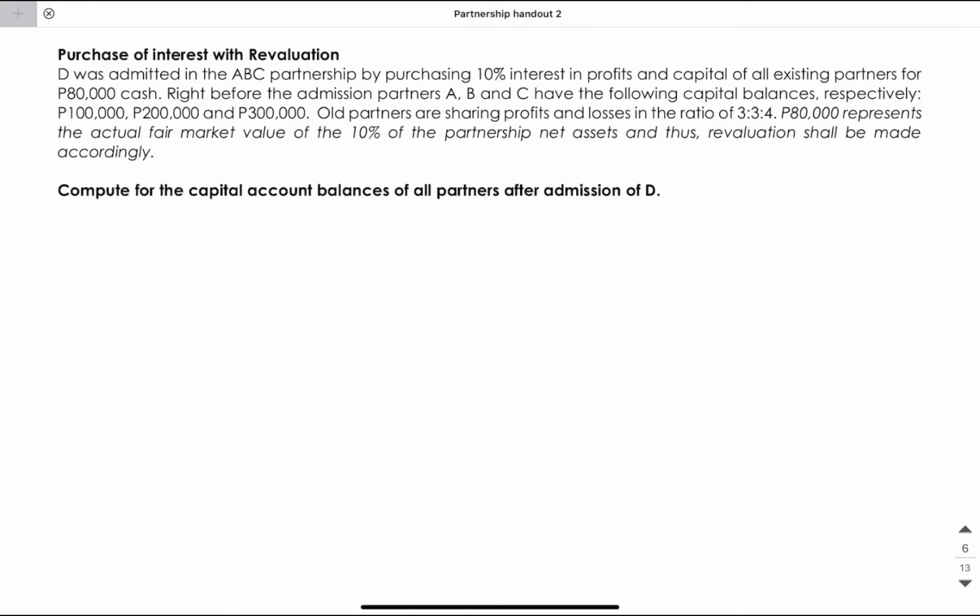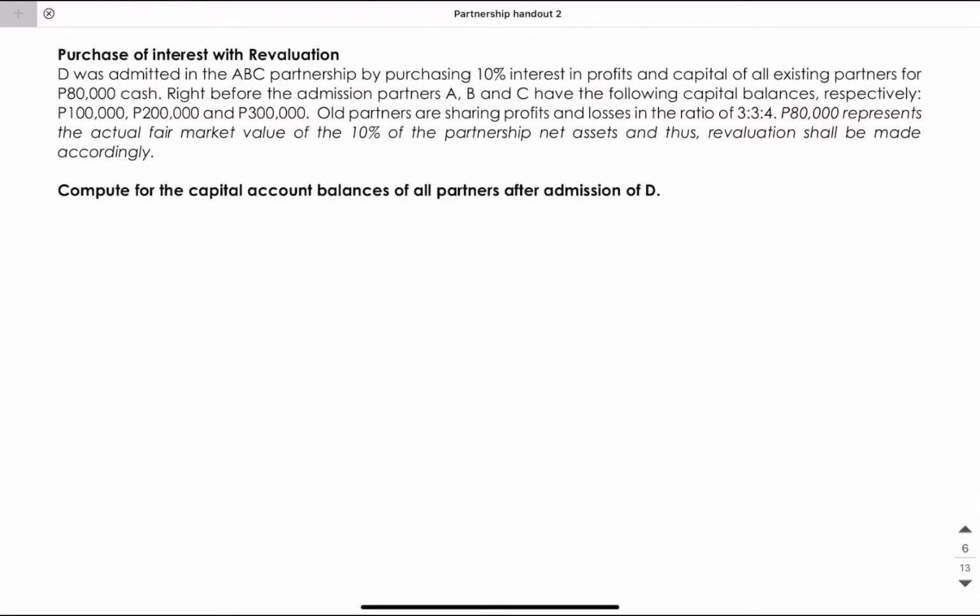Right before the admission, partners A, B, and C have the following capital balances respectively: 100,000, 200,000, and 300,000. So this is the same as our first problem about partnership admission, specifically purchase of interest. The only difference lies on this last statement.